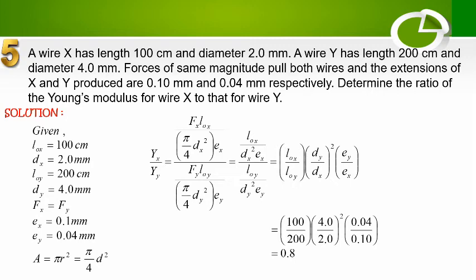Referring to the diameter, we get the hidden information, which is the cross-section area. We use the Young modulus equation where we substitute the A, and then when we cancel the equal values between wire X and wire Y, we get the final equation, and then we substitute the value. Do take note that I do not change the unit because the units can cancel each other. So finally, when we calculate, we get that the ratio of the Young modulus for wire X to wire Y is equal to 0.8.